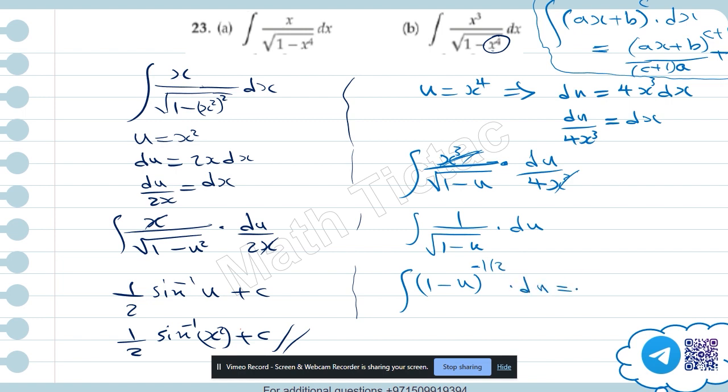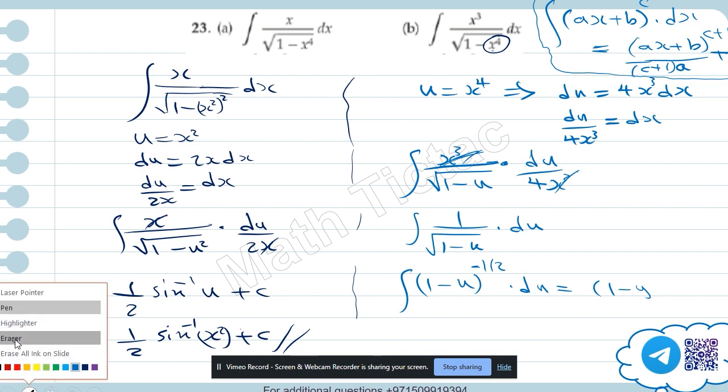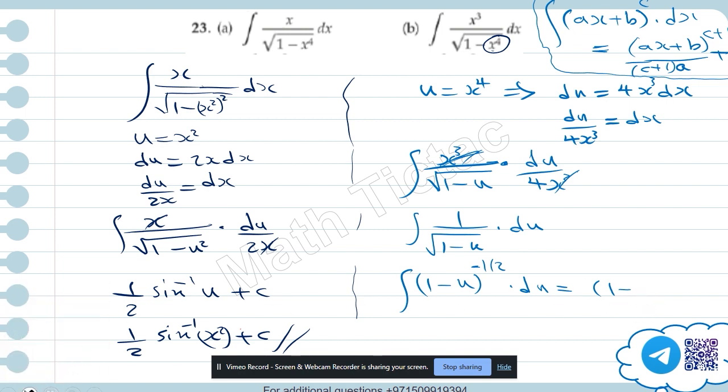So this is equal to (1 minus u) to the power minus 1 over 2 plus 1, so it will be 2 over 2, so this is 1 over 2, so (1 minus u) to the power 1 over 2, over 1 over 2, multiplied by the coefficient of minus u, which is minus 1, plus c, according to the rule.